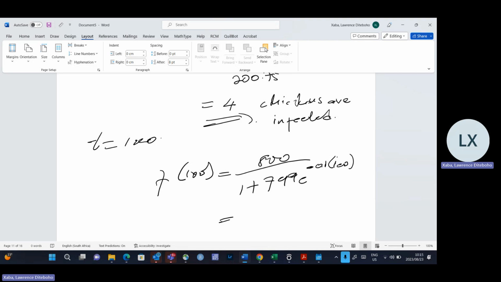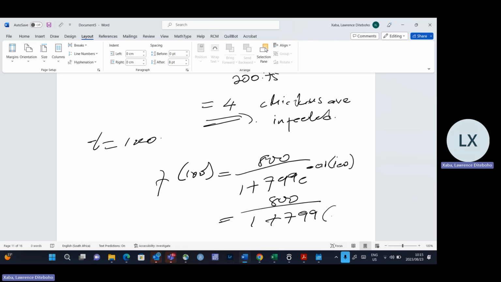Then we simplify it also. 800, we have 1 plus 799 in brackets, e to the power negative 0.1 times 100, close brackets.